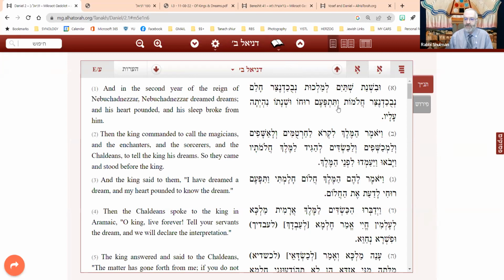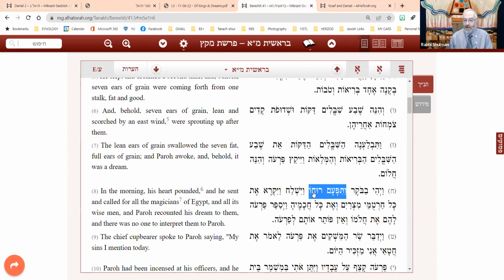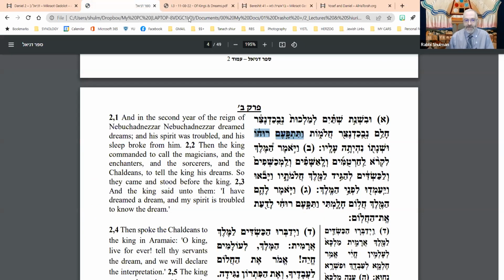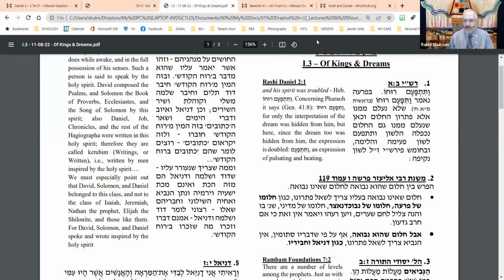So wherein is the difference between vatitpa'em rucho in Nebuchadnezzar's case and vatipaem rucho in Paro's case? An extra tav. It's Nifal and Hitpael. Correct. Different binyan. Nifal and Hitpael. Okay. Significant, yes. Majorly significant, we'll see.